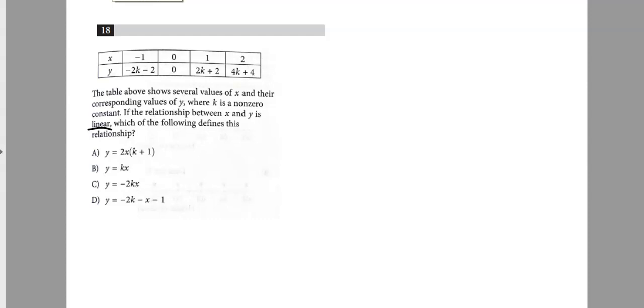But slope is the change in y over the change in x. Well, for the change in y values, maybe I'll just go from here to here. If we go up from 0 to 2k plus 2 for every 1, there's my slope. So my slope is 2k plus 2.